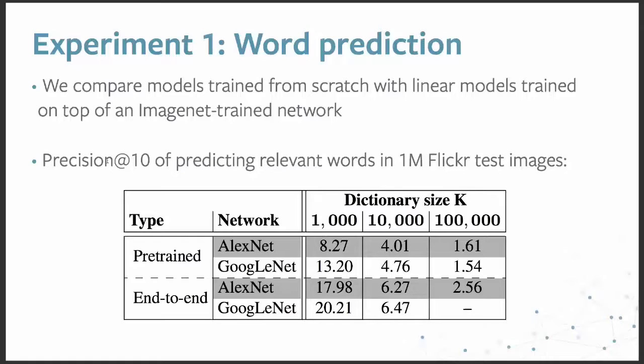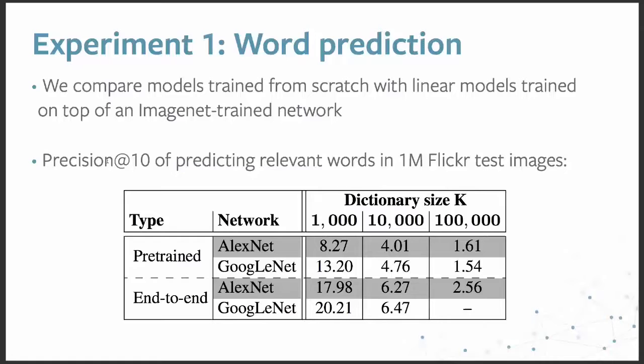Usually that's what people do when they try their model on a new problem. If you do that, you see that you get a significant boost by training it end-to-end on the same distribution as the one you've been working on. So that's a good sign.